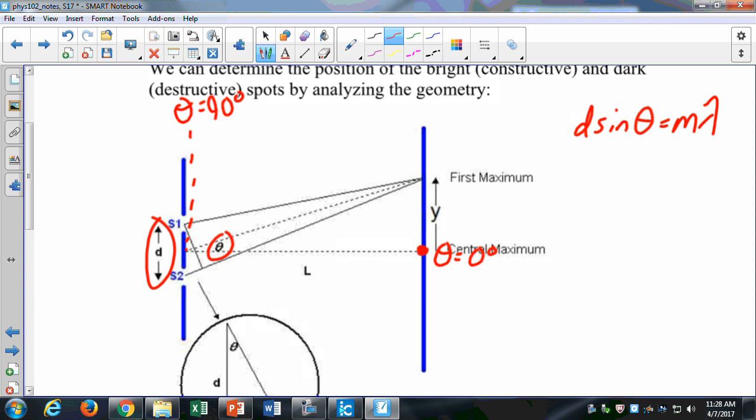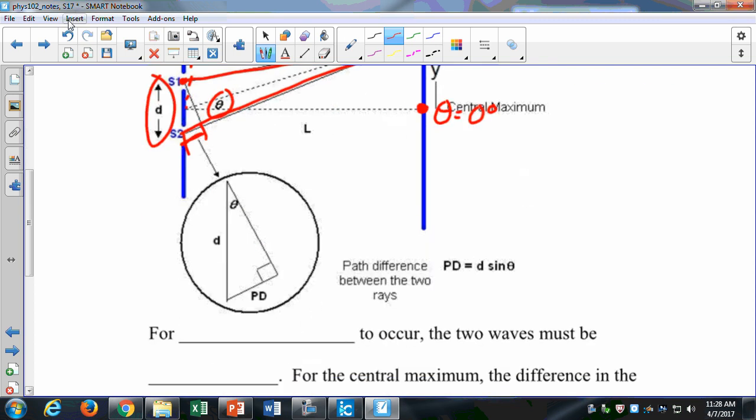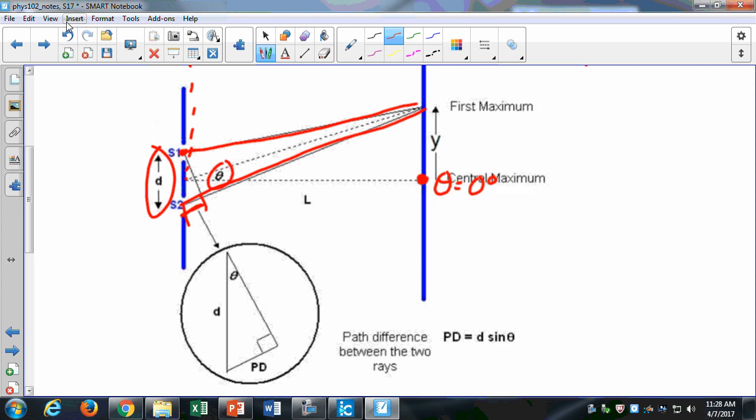Now, notice that a light wave starting here will travel a certain distance, and then this light wave travels a slightly longer distance, and so this is that longer distance. And we can calculate what that is just from geometry, because I've got this triangle right here, which is the same as this triangle, and our path length difference, which is called PD, is equal to d times sine theta.